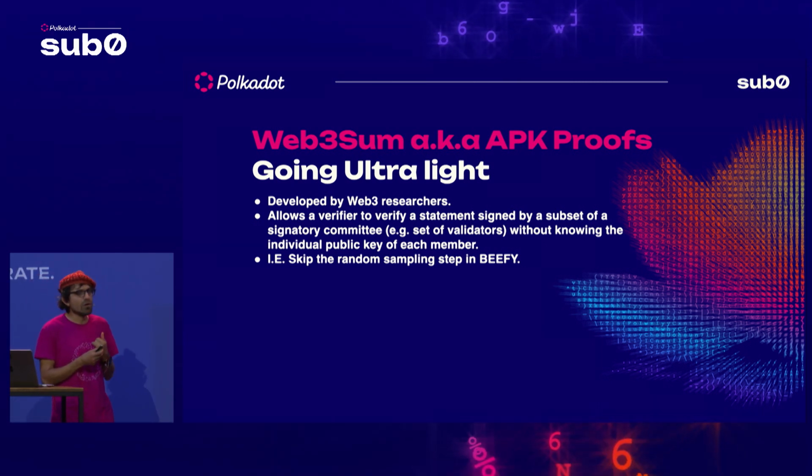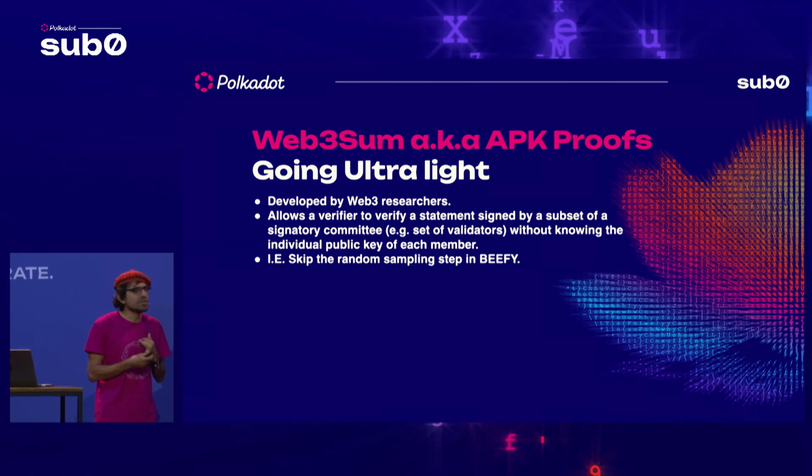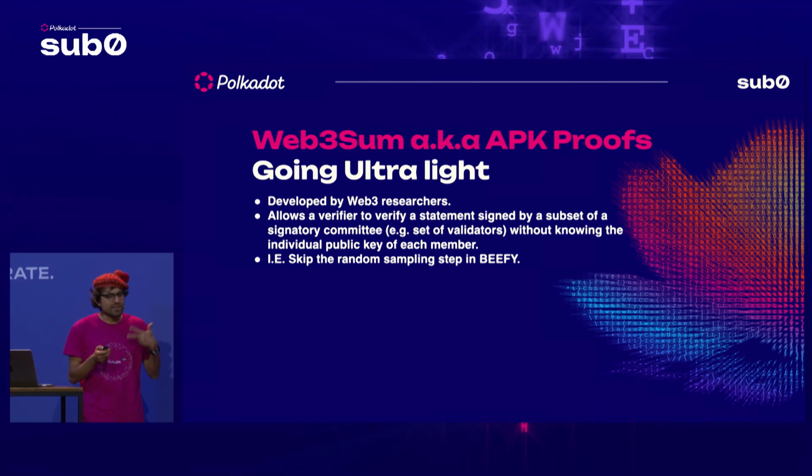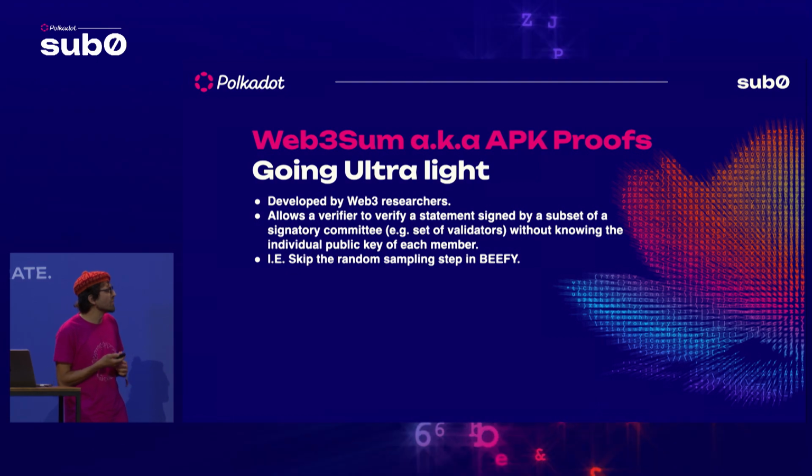You only need to know who has signed, and you need the signature and an aggregated public key, but you don't need single public keys, which was the biggest problem in the random sampling part. So you can skip the random sampling part, and your light client becomes much simpler.